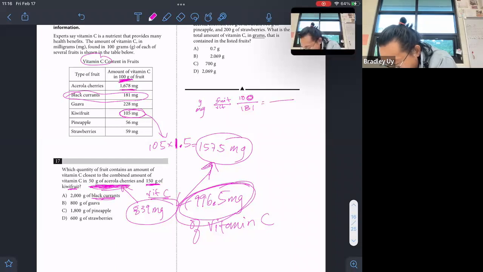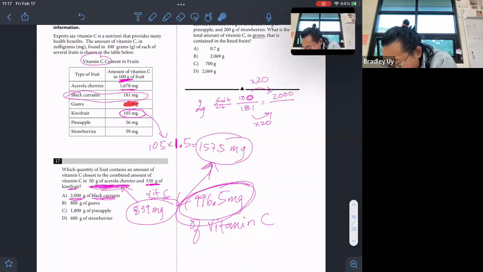I am considering 2,000 grams of black currants, so the scale factor going this way is 20, just looking at equivalent fractions. So is 181 times 20 equal to this? No way. That's much more vitamin C contained there, so that's not the right answer.